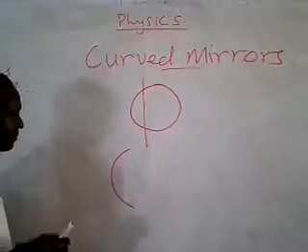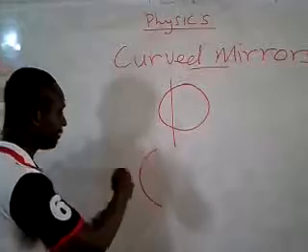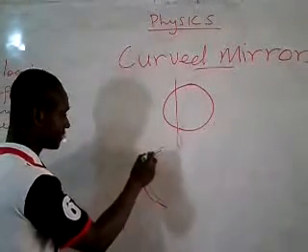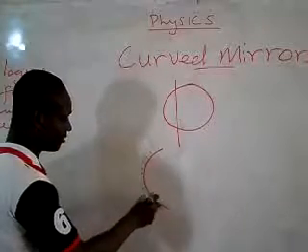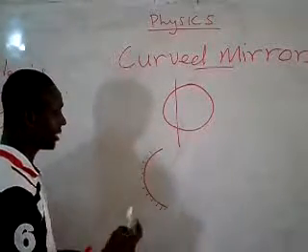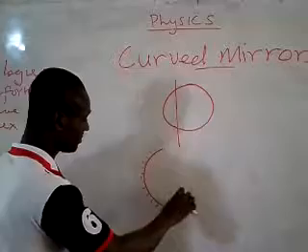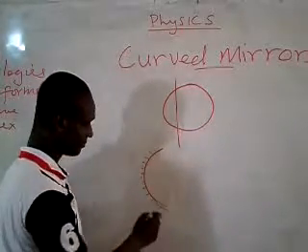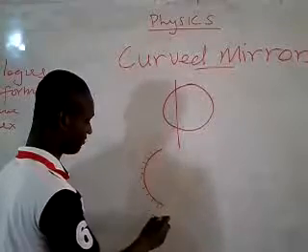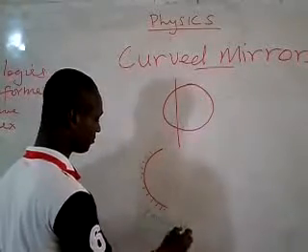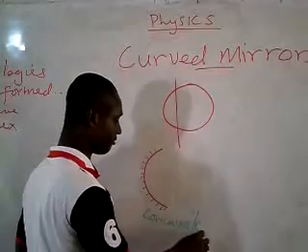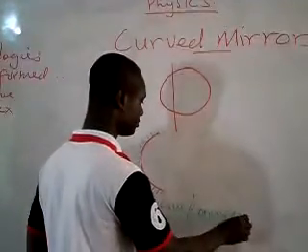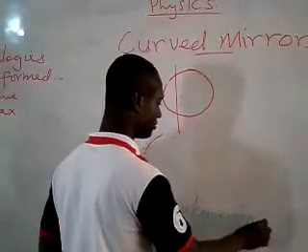And if the outer part is coated with silver, just like that of the plane mirror, and the shiny part is the inside, then that's the reflecting surface. We call this concave, or what we call converging mirror.